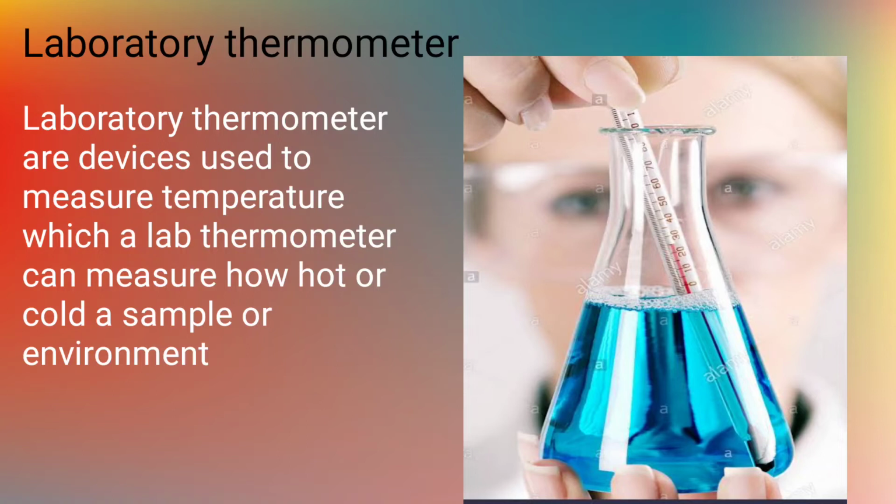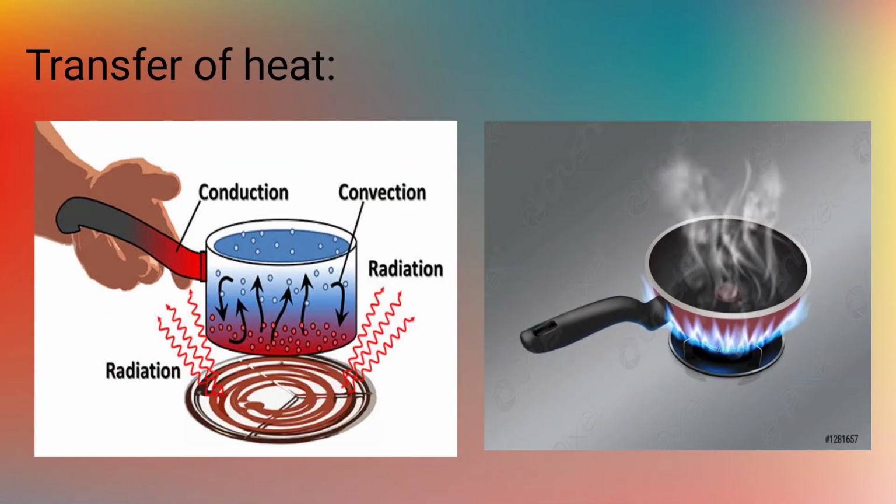Now let us discuss the transfer of heat. Generally, when your mom cooks dishes in a pan, keeping it on the flame, what happens? The heat transfers from the flame to the pan. Have you ever observed it?